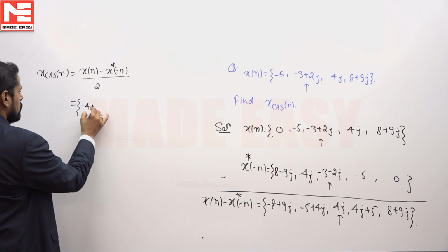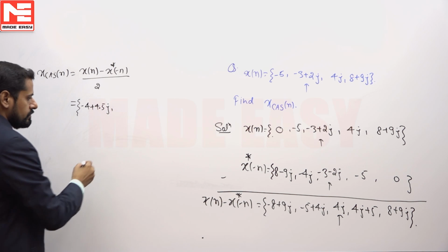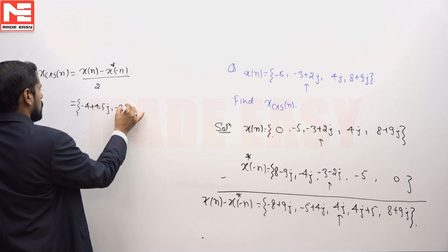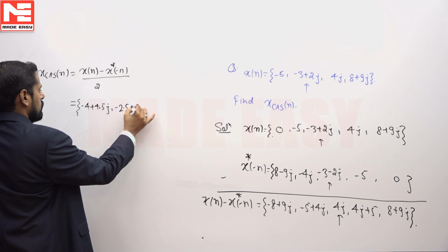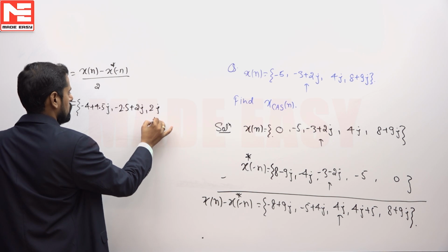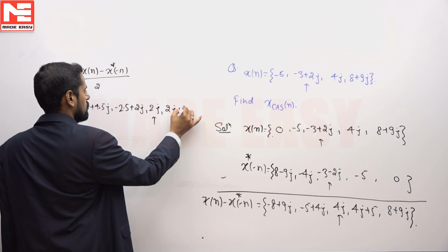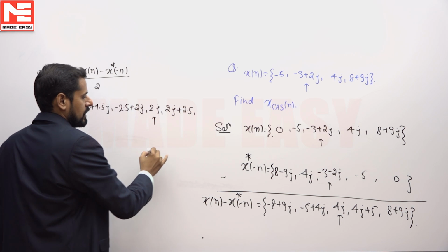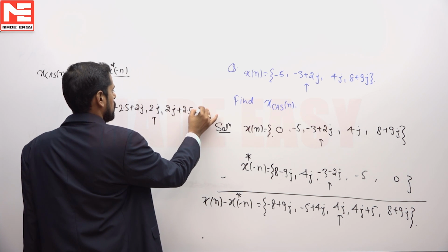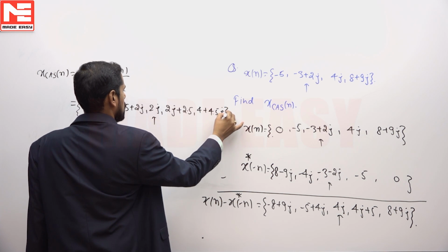So the first sample will be equal to -4 plus 4.5j. The next sample will be -2.5 plus 2j. The third sample will be equal to 2j. The next sample will be equal to 2j plus 2.5, and the last sample will be equal to 4 plus 4.5j.